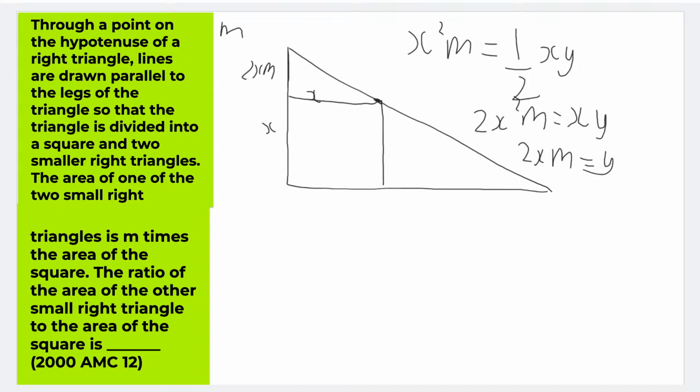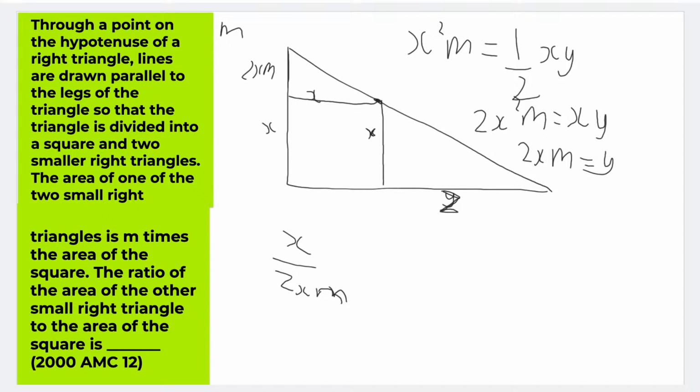We're also going to use some other triangles here. So this is x, and then based on the similar triangle ratios, pretend this is z. So the ratio of x over 2xm, the two legs of this triangle, should be equivalent to the two legs of this triangle.